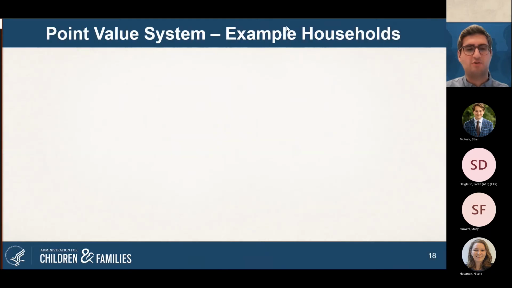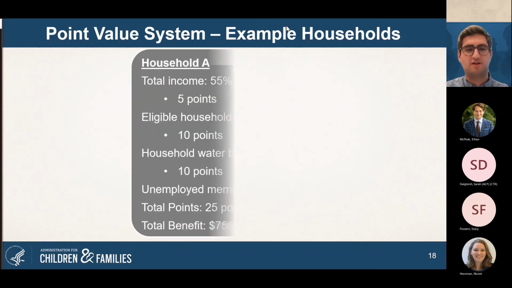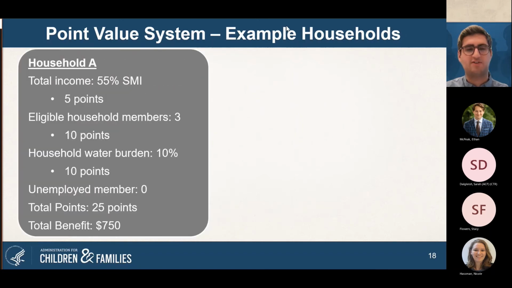Now we'll review 2 household examples using the example point value system matrix. Household A has 55% of the state median income, SMI, 3 eligible household members, and a 10% household water burden. There are no unemployed household members, so their total points are 25. This results in a $750 benefit amount.